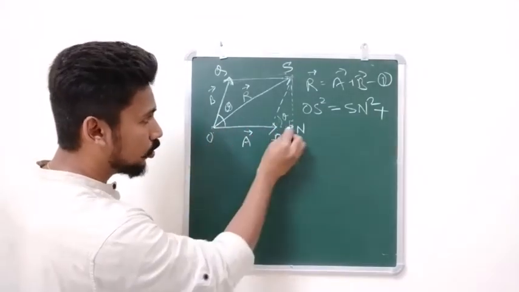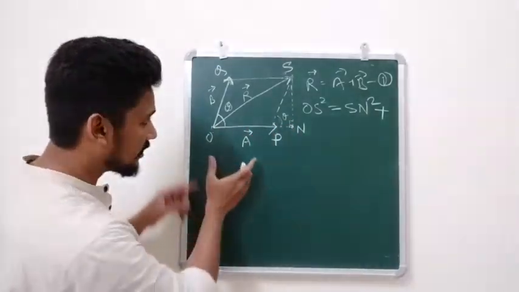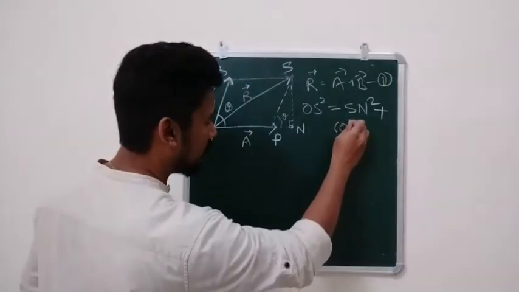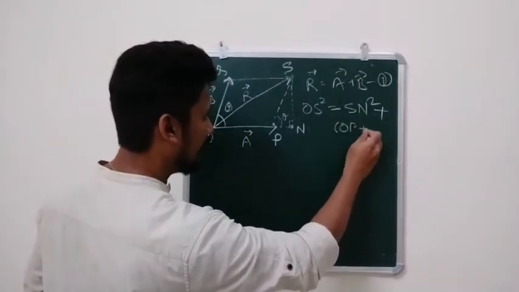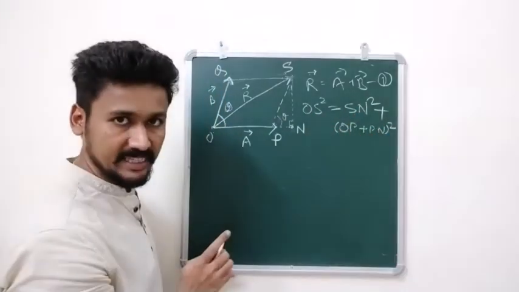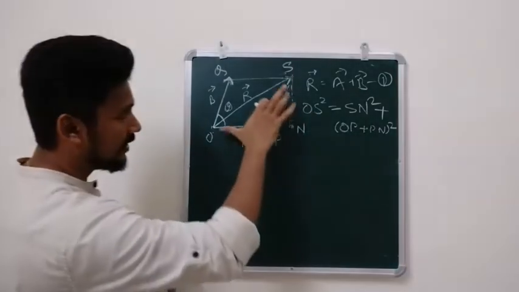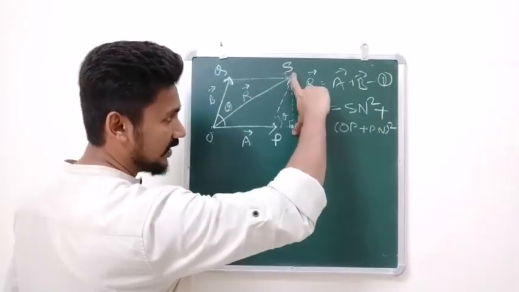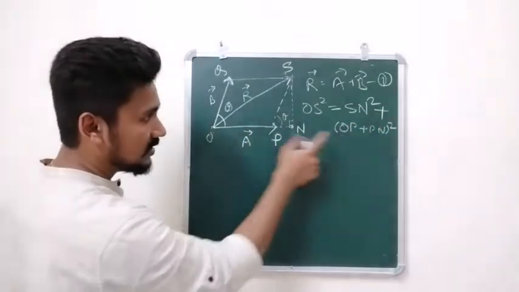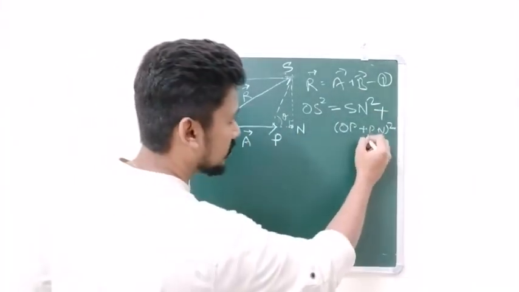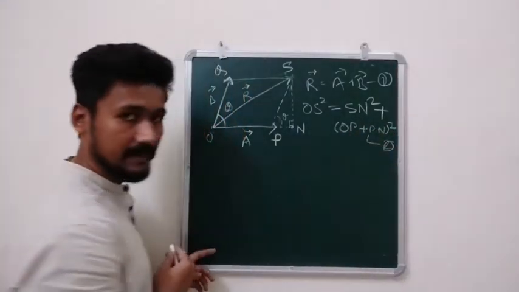Now you can see ON is made up of two parts, OP and PN, so I'll write it as (OP plus PN) square. So I got OS square, that is hypotenuse square, equal to SN square, one side square, plus (OP plus PN) in bracket square. Let us call this equation number two.